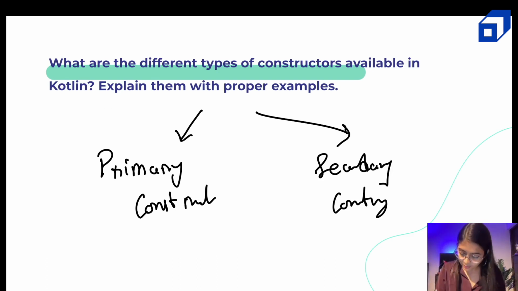So the primary constructor is a concise way to initialize a class, and the secondary constructor allows you to put some additional initialization logic in it. Let me give you quick examples so that you can explain the same in your interview as well. If we talk about the first one, that is your primary constructor.